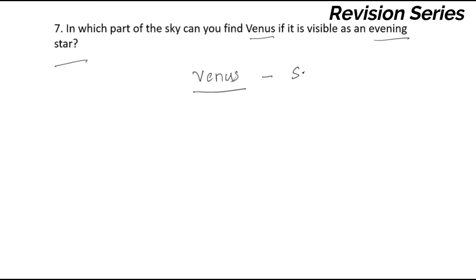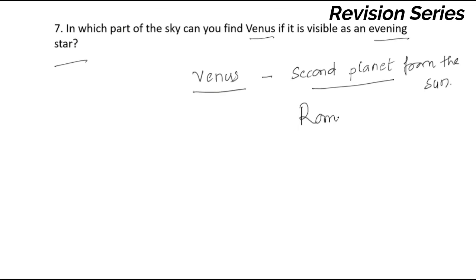It's the second planet if you take the distance from the Sun, right? And it is named Venus, after a Roman goddess of love and beauty.